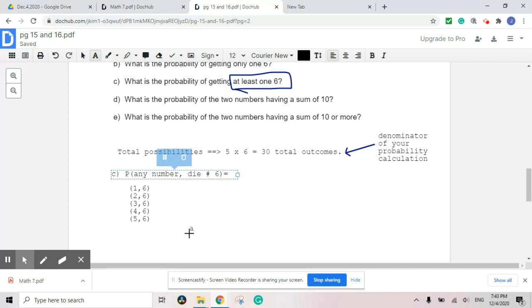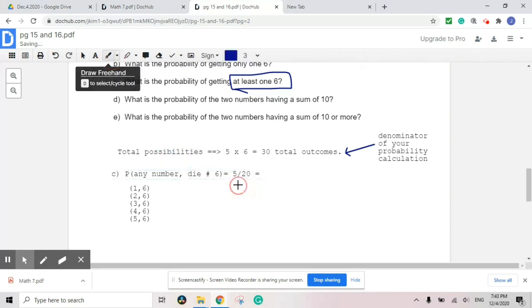In that situation, you find 1, 2, 3, 4, 5 different scenarios. So it's 5 over 20, which you know I can simplify by dividing by 5.